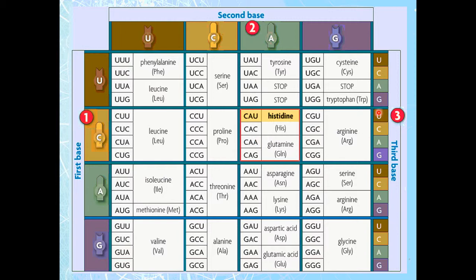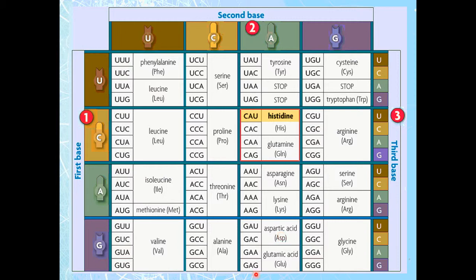Third base over here is U, histidine. Or if we were looking for GAC, first base on this side is G, A up here, so in this box C is aspartic acid.